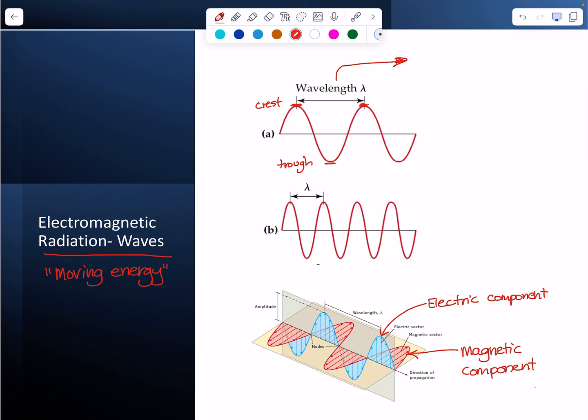So this distance here is our wavelength. It's the distance between two crests, or another way of putting it is the distance it takes the wave to repeat.